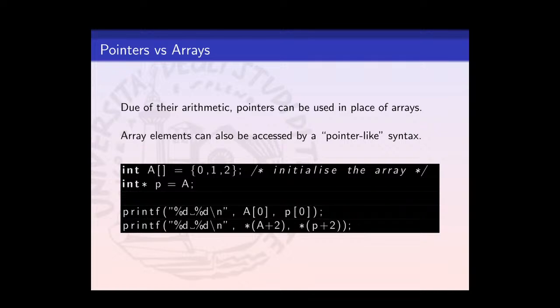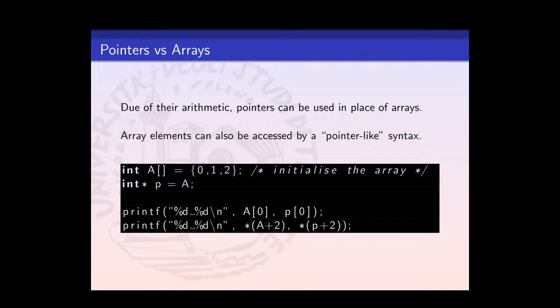So the array is the array A, and by using that syntax, I'm basically declaring the array and initializing it at the same time. In the first position we will have 0, in the second position we will have 1, and in the third position we will have 2.